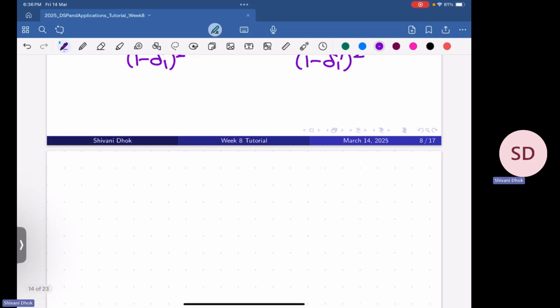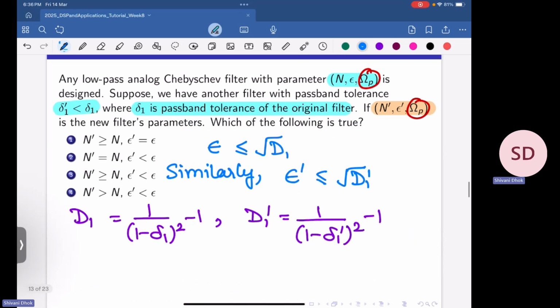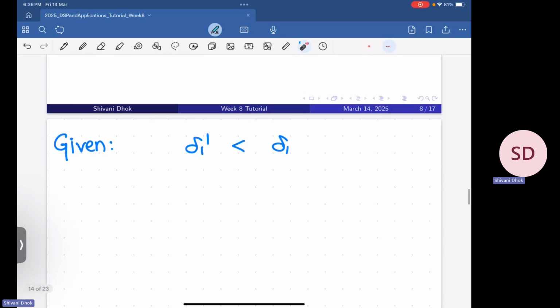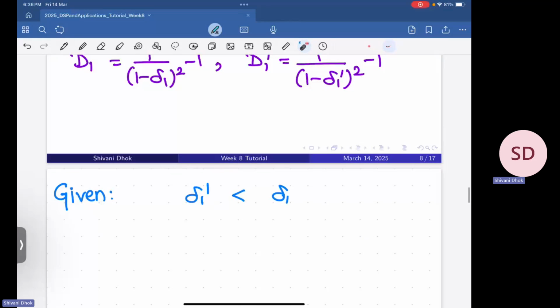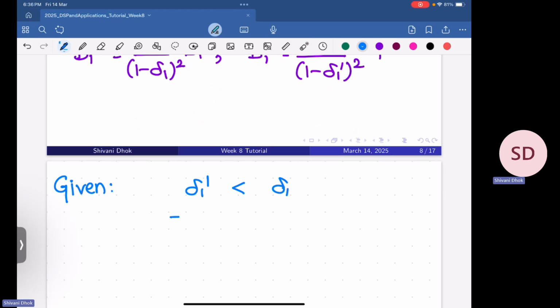So what is given to us? We are given that delta 1 prime is less than delta 1. Okay, so now what we want is 1 minus delta 1, so let me multiply both sides by minus 1.